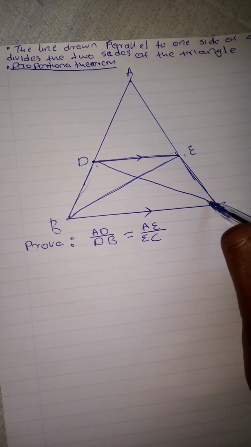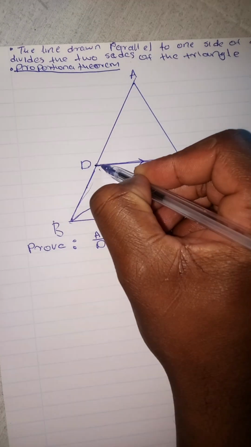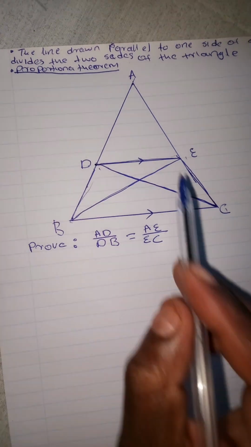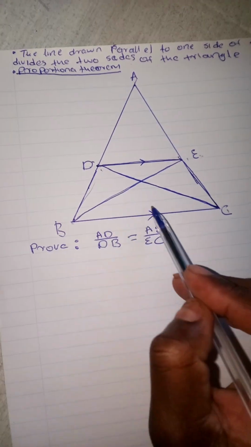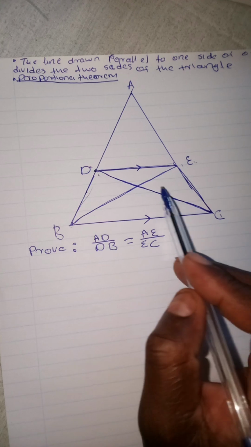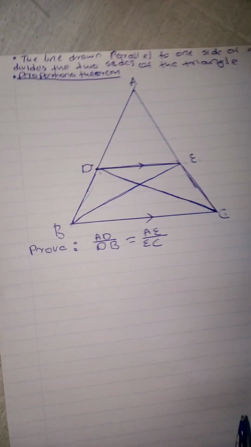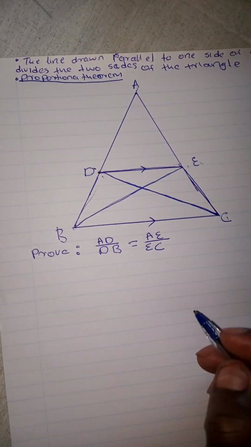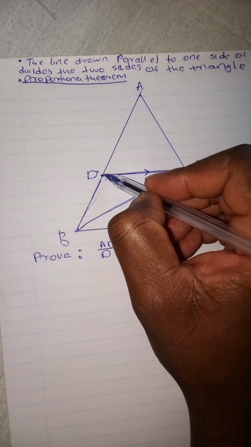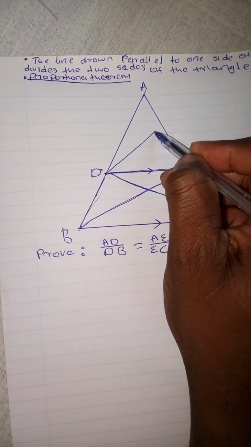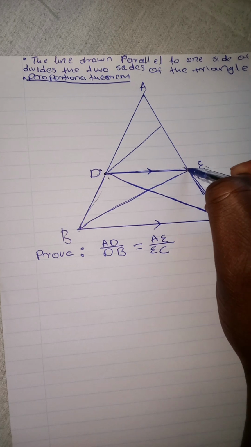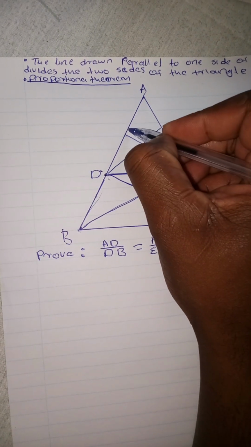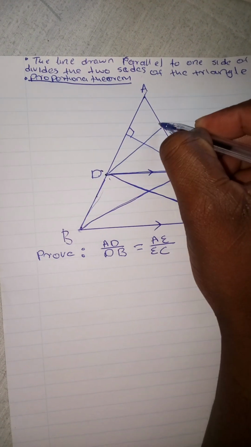We have two triangles. It's what the statement is saying. The line drawn parallel divides the sides of the triangle. So this is the first thing, how you construct, and then you construct here, and then you construct here like this.